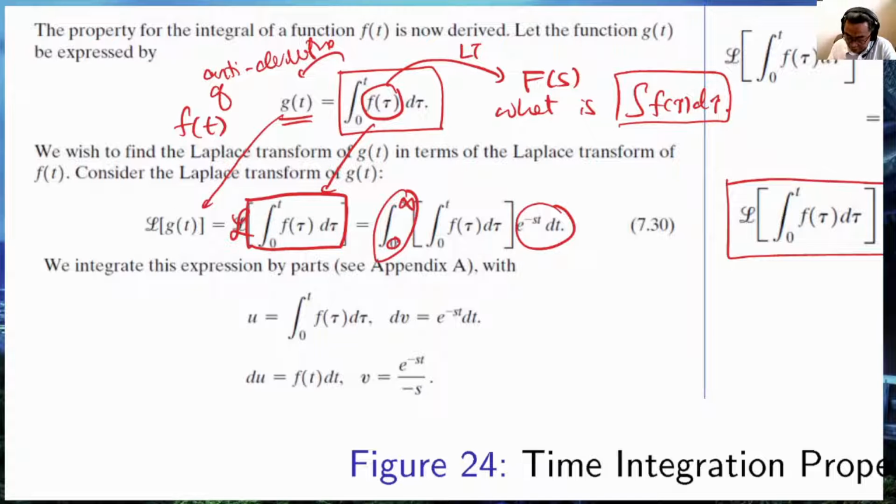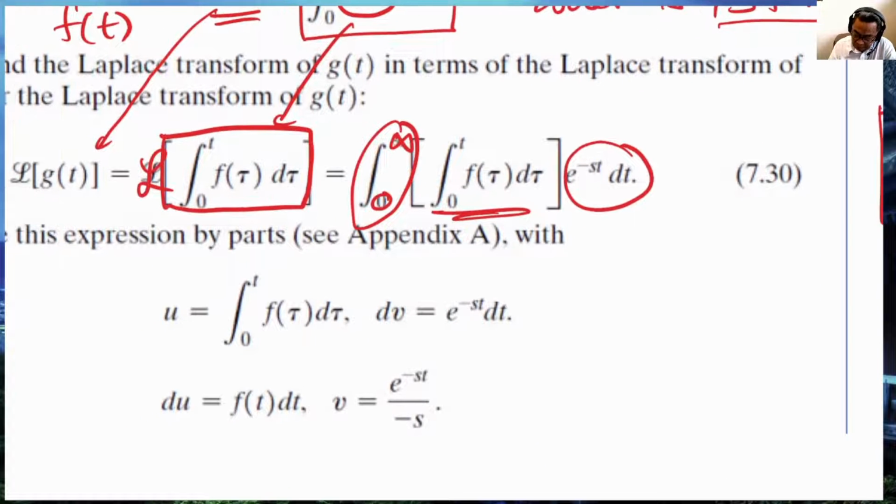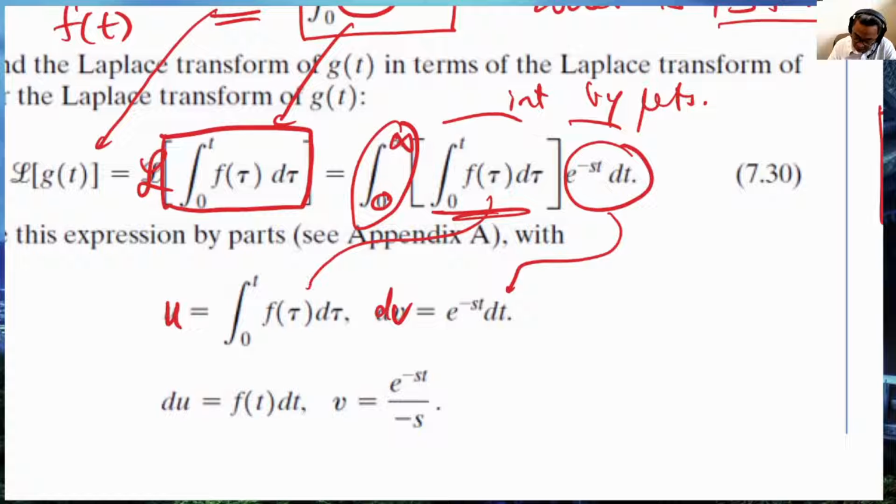Integrate 0 to infinity the function we are interested in, multiplied by e to the minus st dt. Now, once you have reached this point, again, we are going to do integration by parts. And all we need to define is what is u and what is dv. So dv is this guy, and u is this guy.